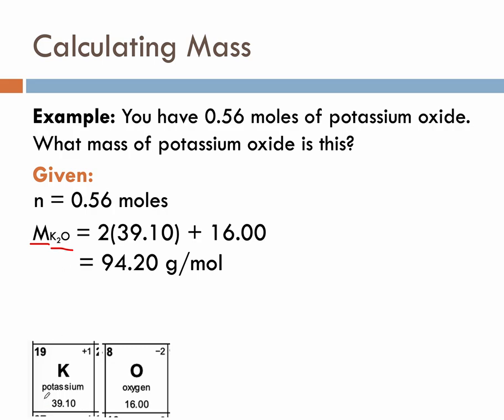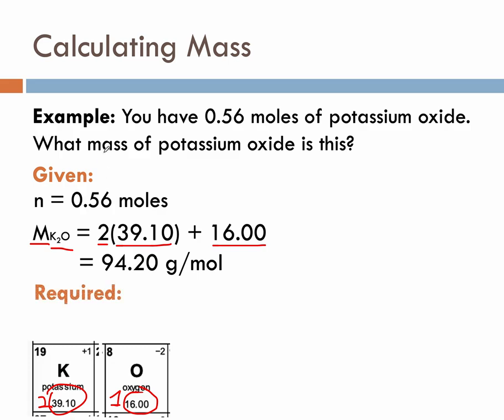I've got 2 Ks, so I need to do 2 times the molar mass of potassium. And I have 1 oxygen, so I need to add in 1 of the molar mass of oxygen. So I'm going to do 2 times potassium's molar mass plus 1 oxygen molar mass. And that gives me a total molar mass of 94.2 grams per mole.